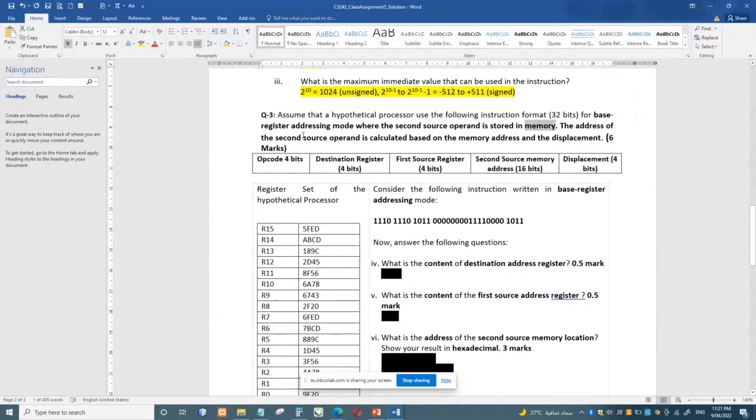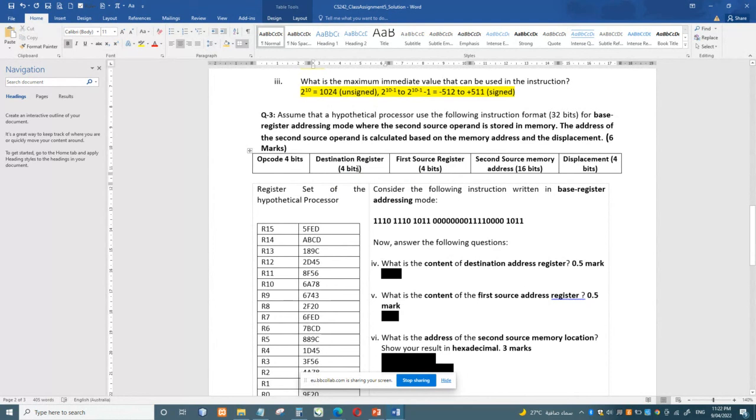The address of the second source operand is calculated based on the memory address and the displacement. Are you understanding? So in this instruction format you have a total of 32 bits. 4 bits you can use only for the opcode.